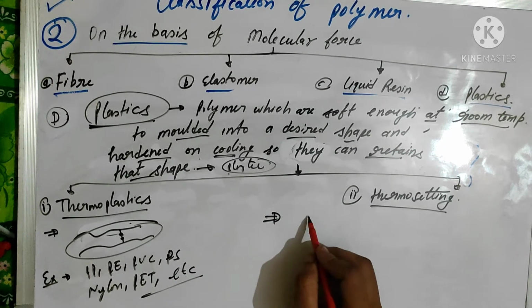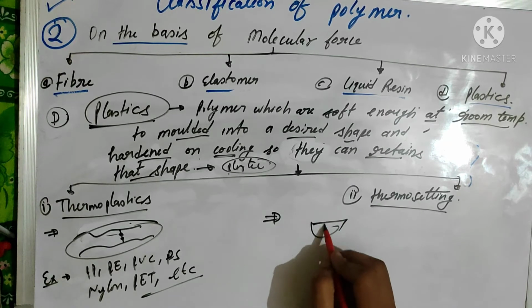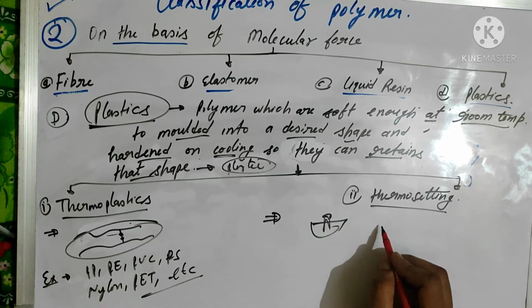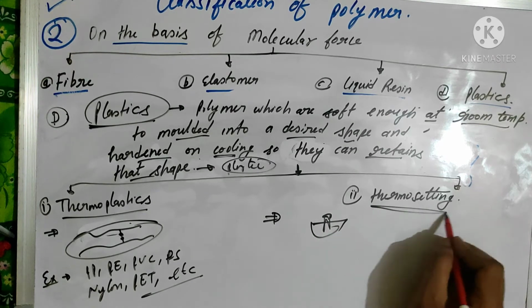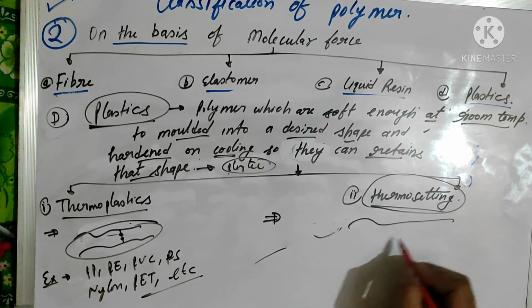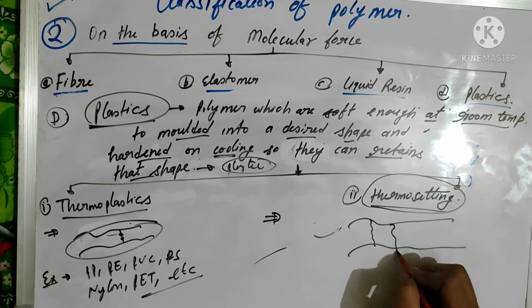Thermosetting plastic: the plastic that undergoes some chemical changes on heating and becomes an individual mass is known as thermosetting polymer. The individual chains of the thermosetting polymer are interconnected by cross-linking.